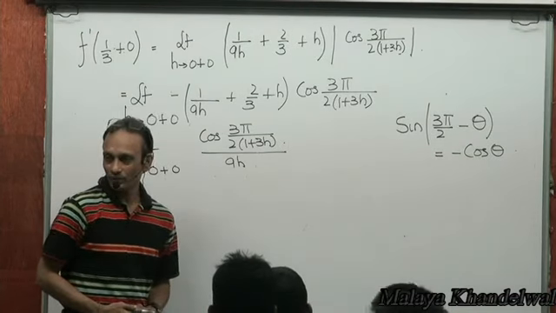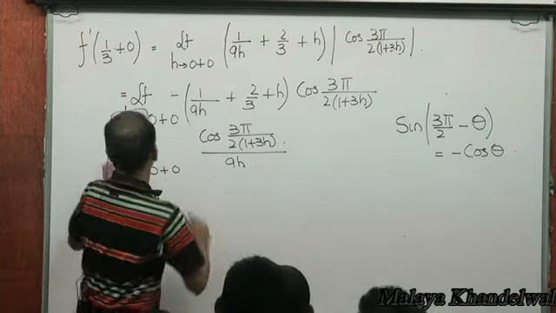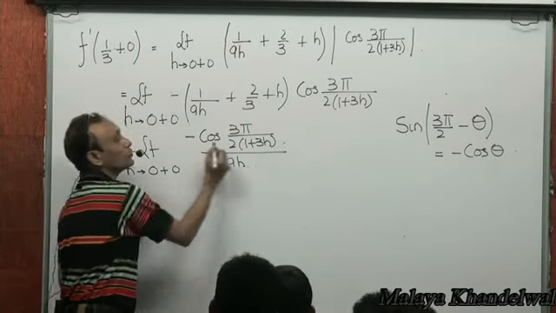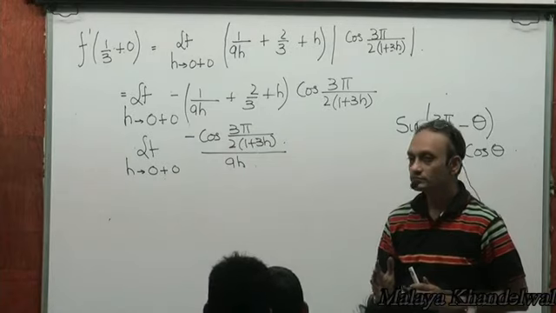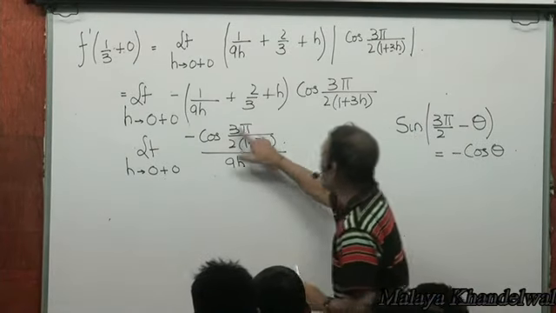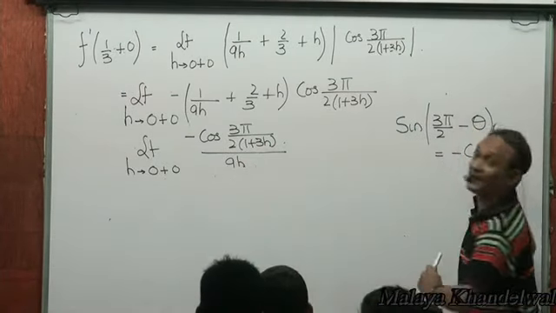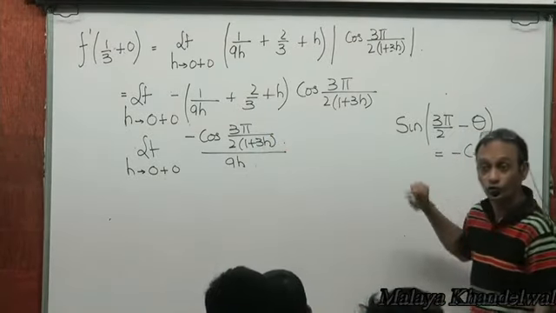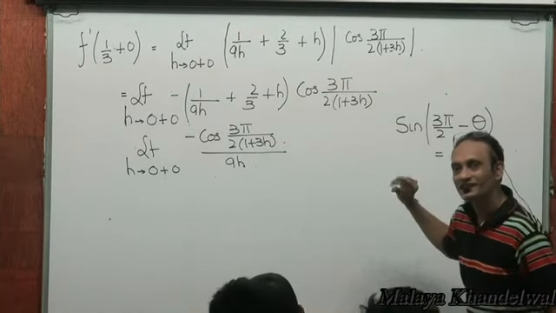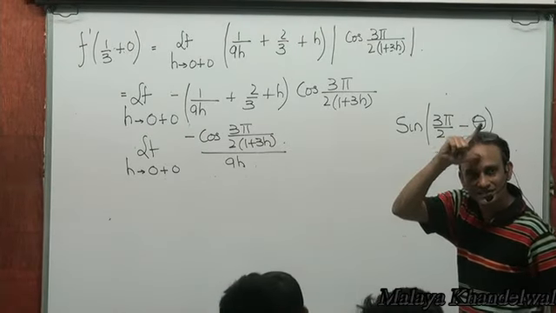Yes or no? So this minus cos theta that you see here could have been written as sine of 3 pi by 2 minus theta. See, if there was a pi by 2, I would have written sine of 90 minus theta as cos theta and used that. But since there is a 3 pi by 2, I do this manipulation in terms of 3 pi by 2. I hope all of you understand this.